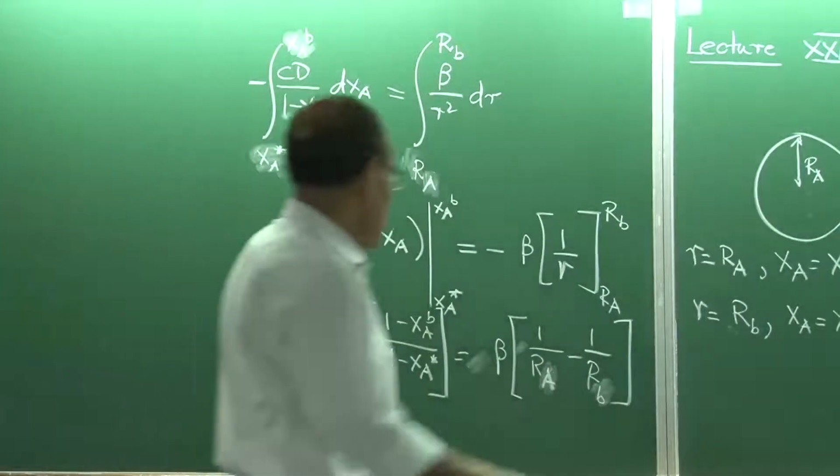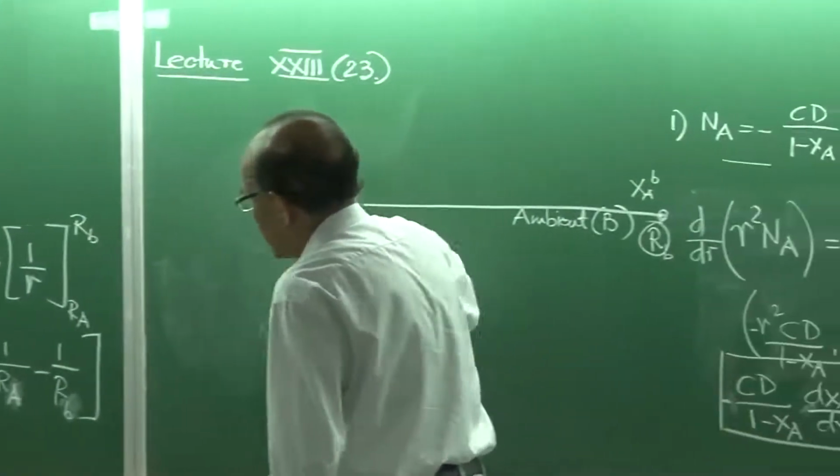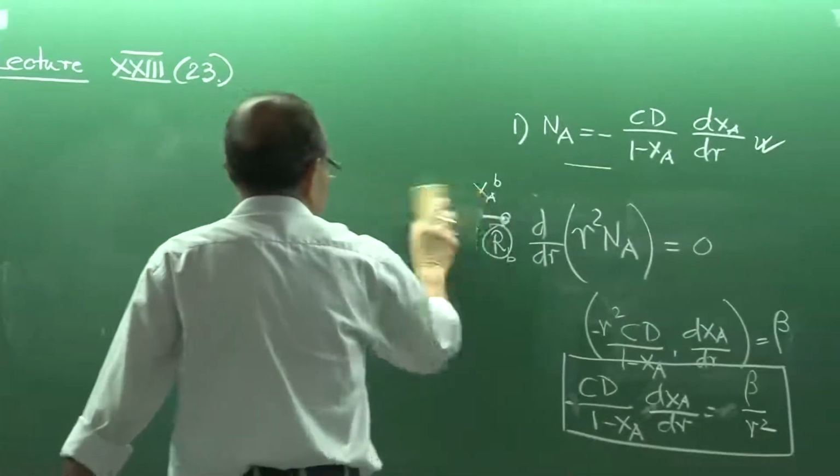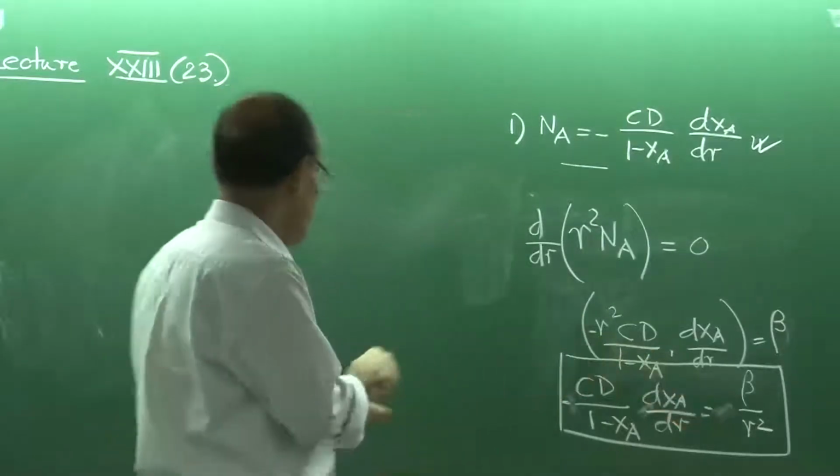And if you further simplify this, then we get the value of beta. Why are we interested? Because beta by r square will give us the value of the flux.